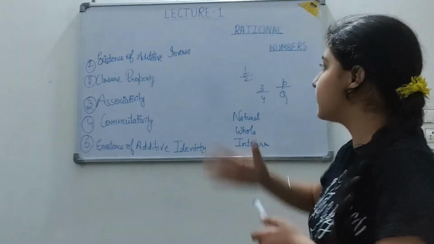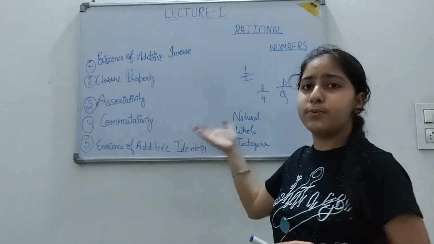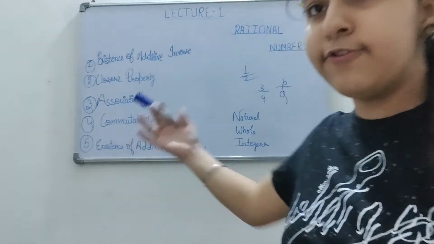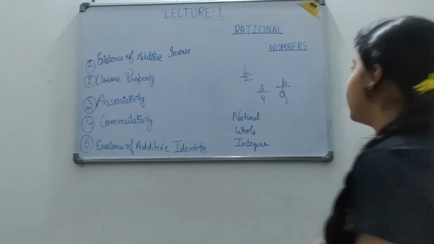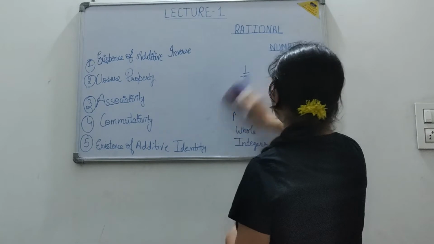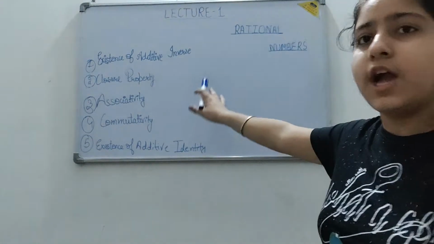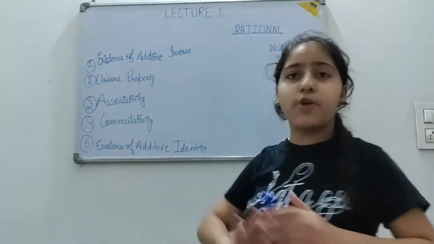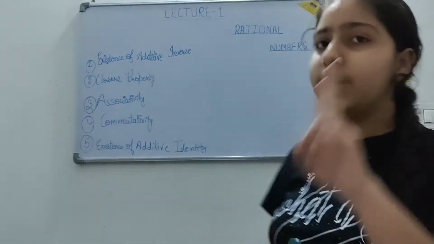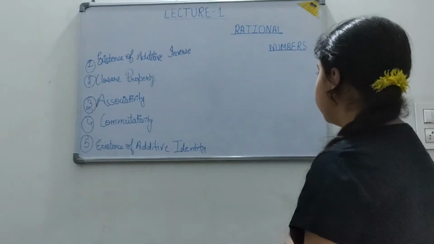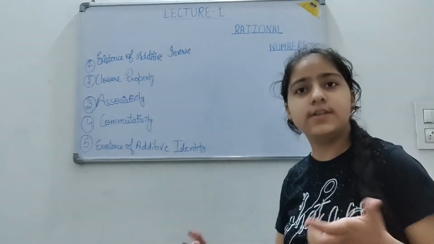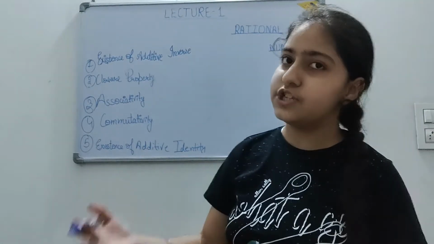Now we are going to discuss some of its properties. These 5 properties of rational numbers I have written here, and we are going to discuss them. So, number 1, closure property. This property basically means that when we add two rational numbers, the answer is also a rational number.